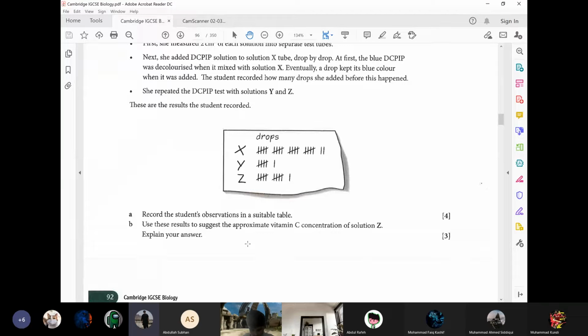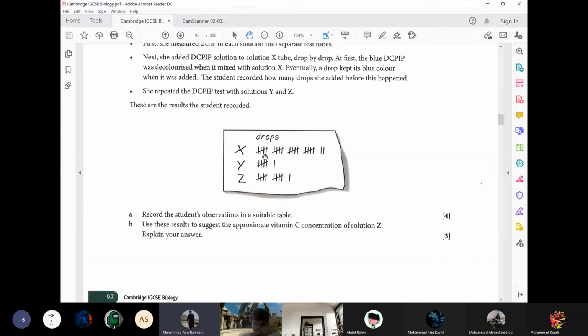Sir, in the table, one column will be for X, Y, and Z, and the other one will be for drops. Yes. Sir, so what are the drops of X? 22. Look here. 5, 5, 5, 5, 20. And these two, 22. Oh, okay, like this. Understand?